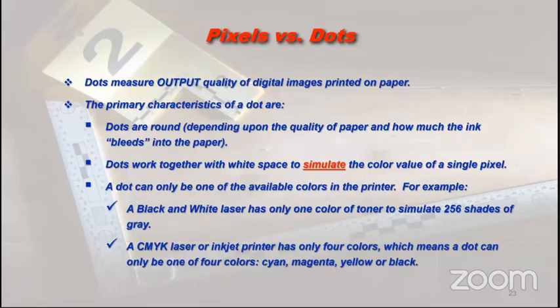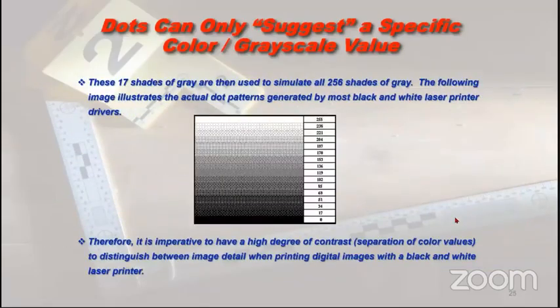So a dot can either be cyan, magenta, yellow, or black. The problem is that when we are trying to come up with something that is a teal background, or maybe even a red background, how do you represent that when you do not even have that color shade among your colors of dots? So the problem is that dots are very subjective, and we are limited in the amount of information that we can represent.